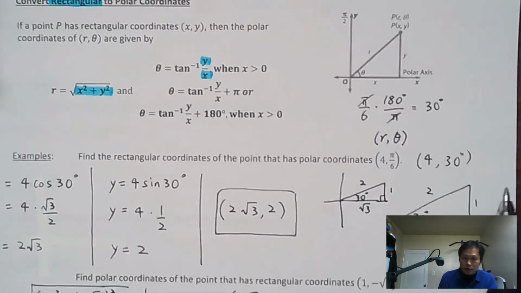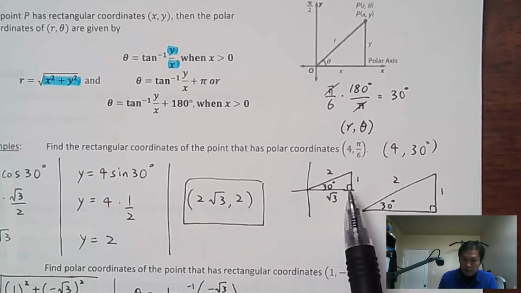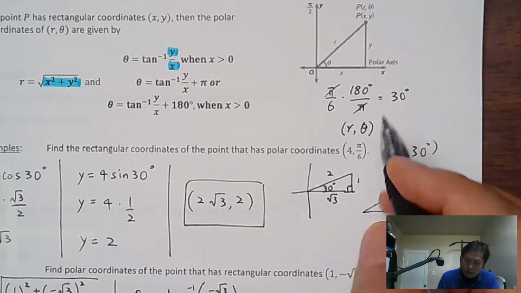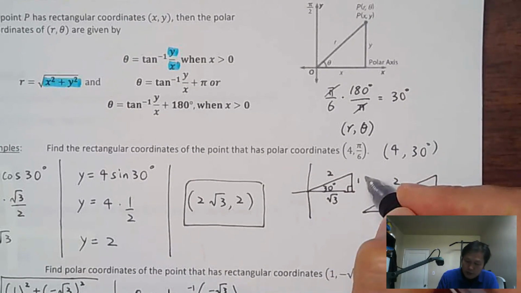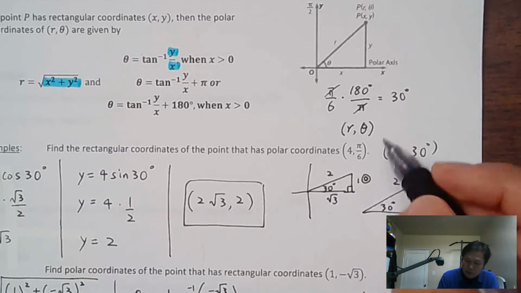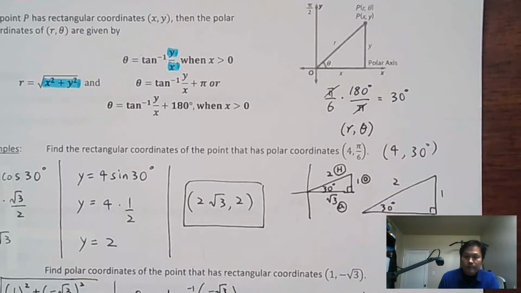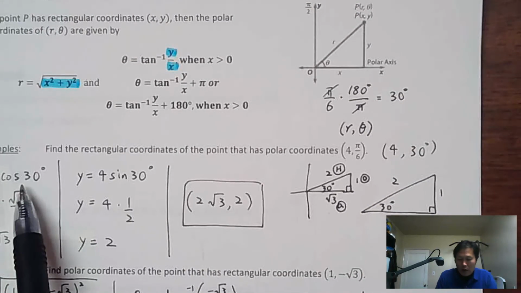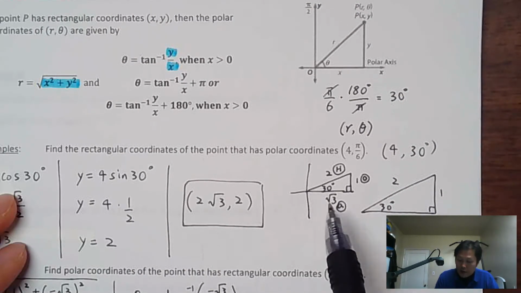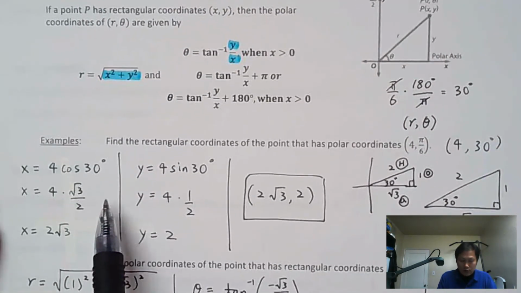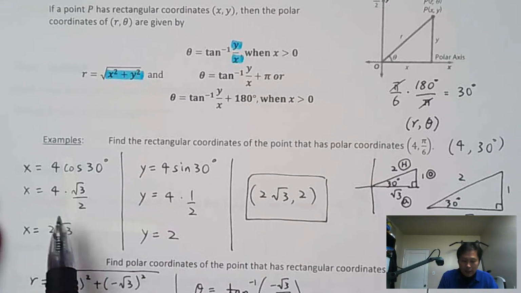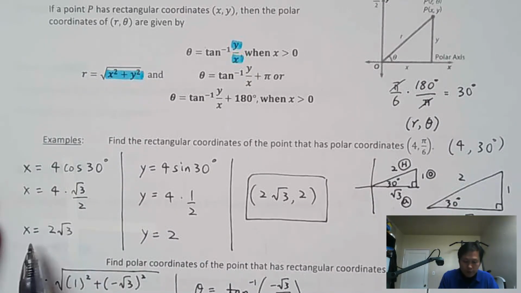You're using this triangle. The 30 degree angle here, the opposite, hypotenuse, adjacent. So adjacent over hypotenuse, square root of 3 over 2. That's why I got square root of 3 over 2. And 4 and 2 simplify by 2, so 2 square root of 3 will be the value of x.